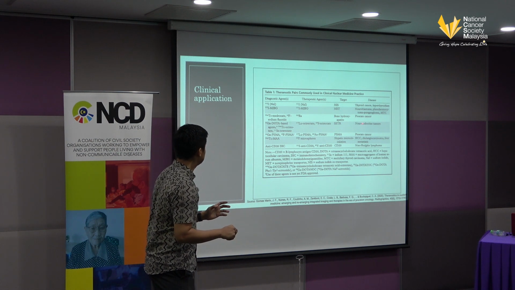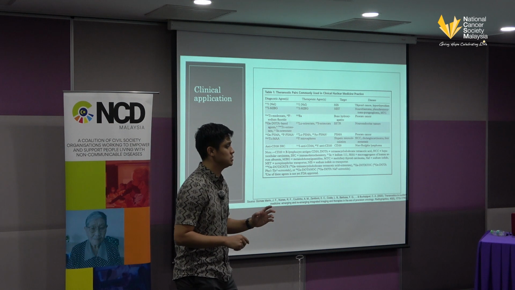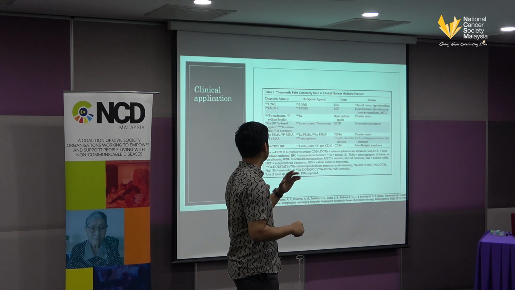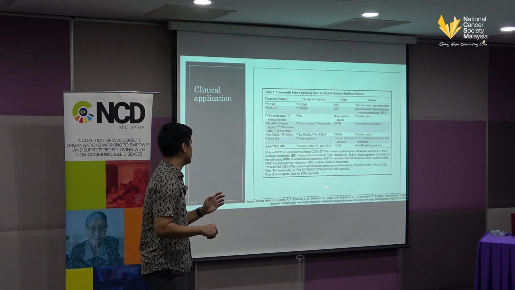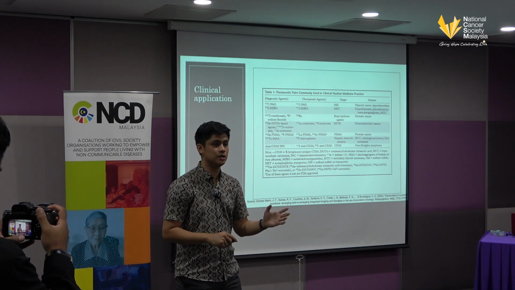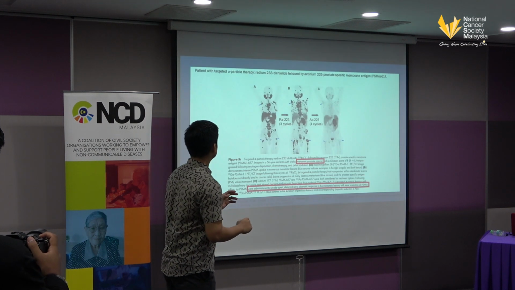But for prostate cancer, for example, radium and technetium are used differently as the therapeutic agent and the diagnostic agent. And I would just like to highlight here that some of the agents have already been approved by the FDA, but some are still in the clinical trial phase.